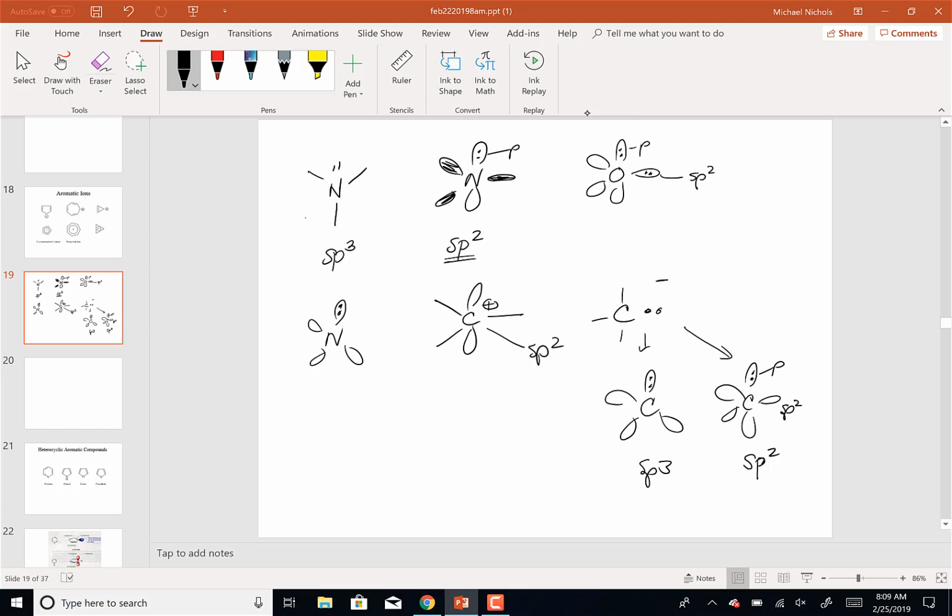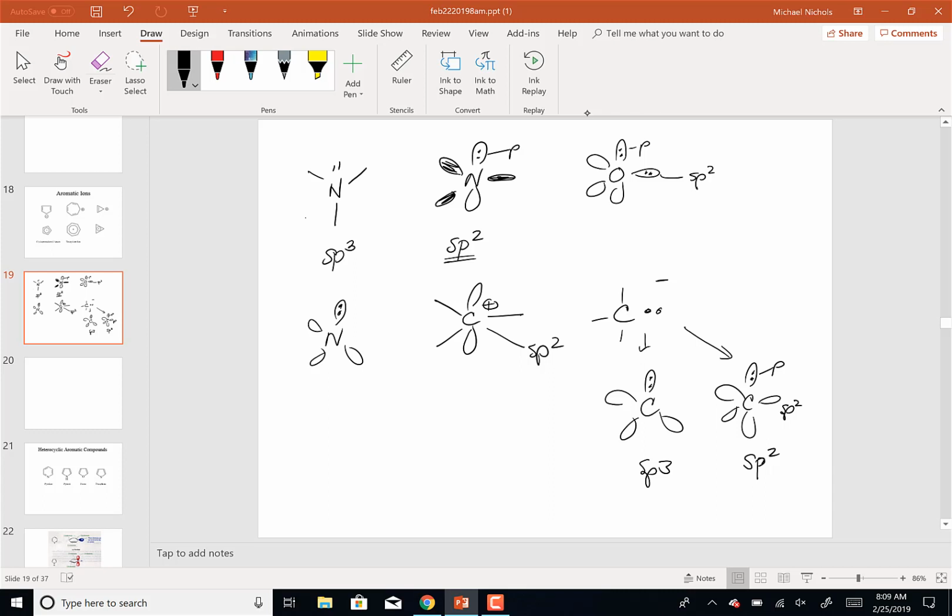They're going to choose to become sp2 hybridized when that will make all of the ring atoms sp2 hybridized, and when those 2 electrons, or whatever number of electrons they put in the p orbital, will then make the total number of electrons in the p orbitals equal 4n plus 2.